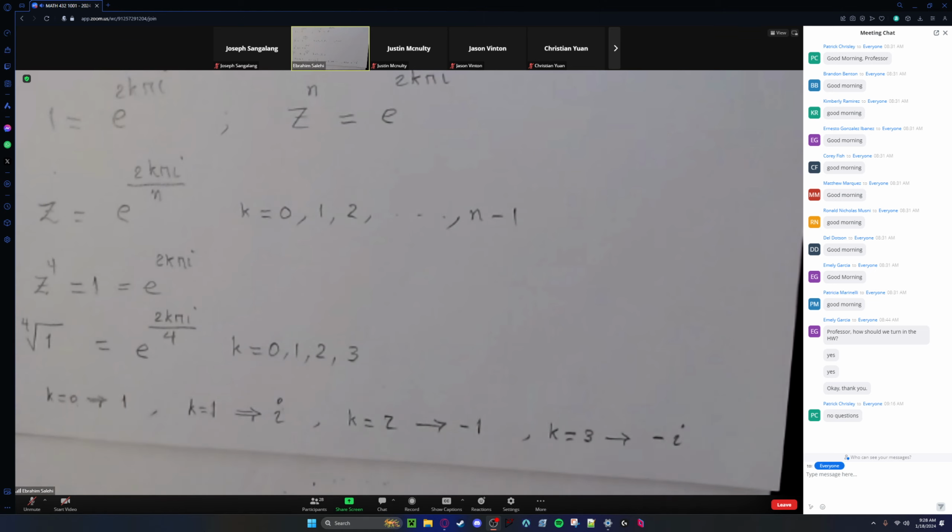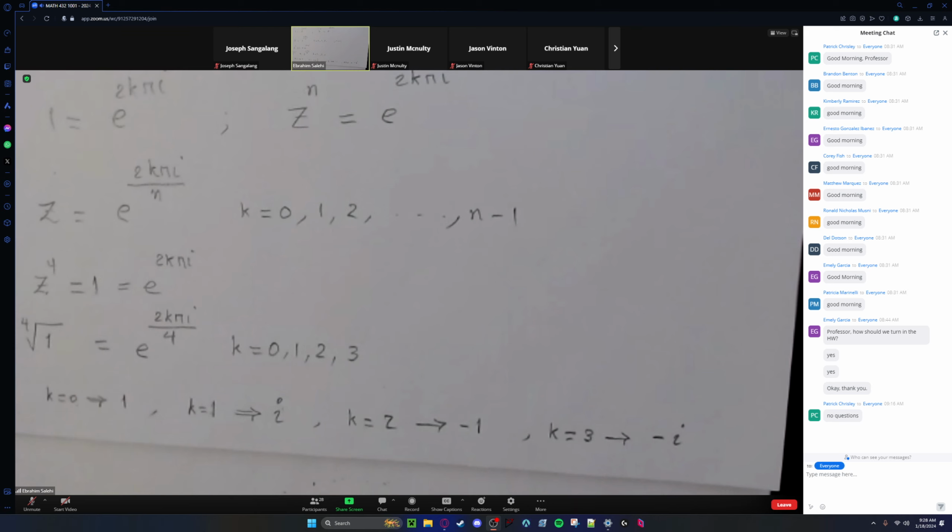So this is a very interesting phenomenon. In real number systems, you might have an equation that doesn't have any solution at all.